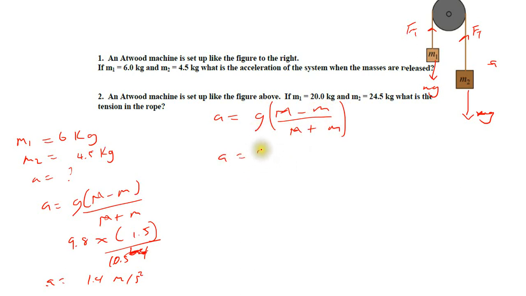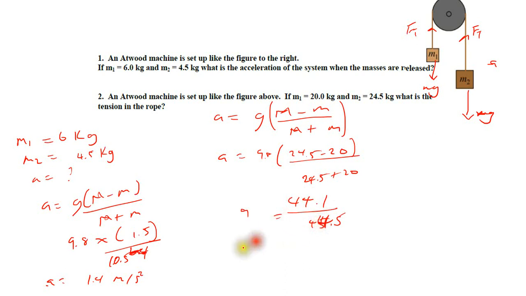Putting in all the values, 9.8, let's subtract 24.5 from 20, divide by 20.5 plus 20. Should be getting 44.1 divided by 44.5. All this is equal to the acceleration.